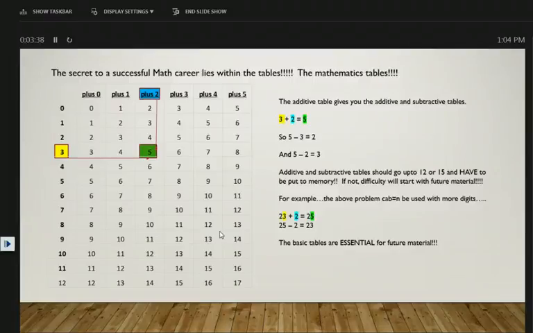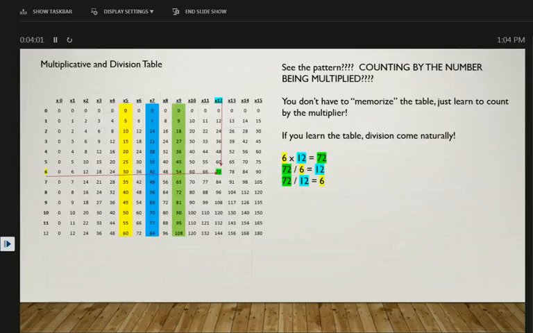There are some people that have gone through 12 years of high school and are in their first year of college and they don't know what 6 times 8 is. And then they wonder why they can't do math. Well, they can't do math because they don't know the basics. So, first 2 things that you need to learn are these 2 tables. The additive table and the multiplicative table. The higher you go, the better off you are. I usually tell students to go to 15.